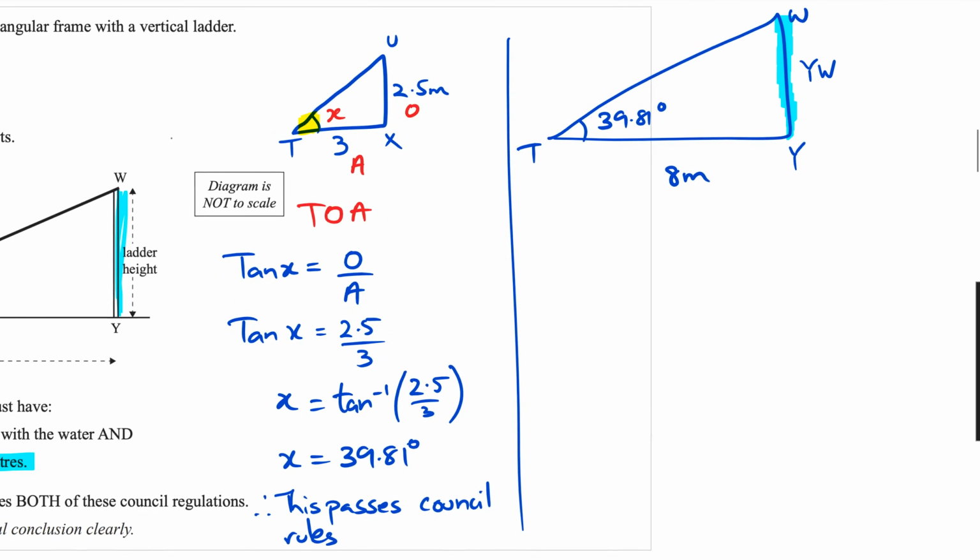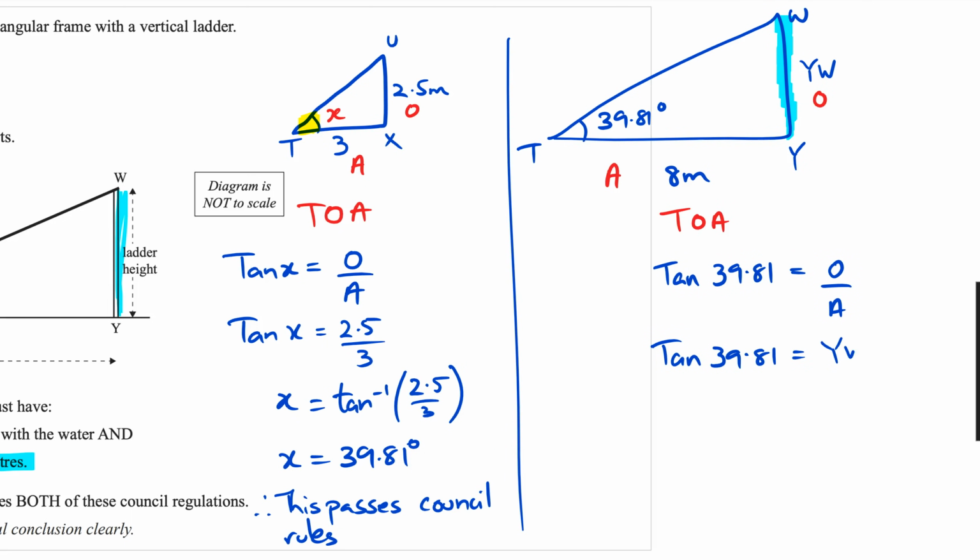Okay, so let's label the sides. So I've got an angle here, so that means that's going to be opposite. And then we've got adjacent at the bottom there. So we're using the tan rule again. So we're going to get tan of 39.81 equals opposite over adjacent, which is YW divided by 8.